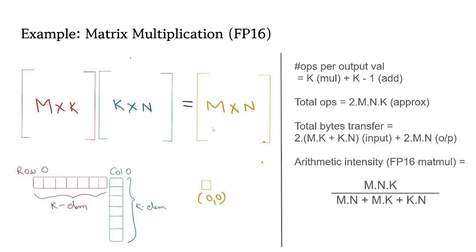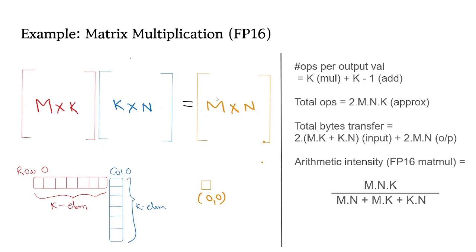What about the number of bytes which were read in and which were written in this matrix multiplication? I needed to read in the data corresponding to these 2 matrices. So I had m times k numbers here and k times n numbers here. So total of these many numbers. And for each of them, because these are in FP16 format, I read in 2 bytes.